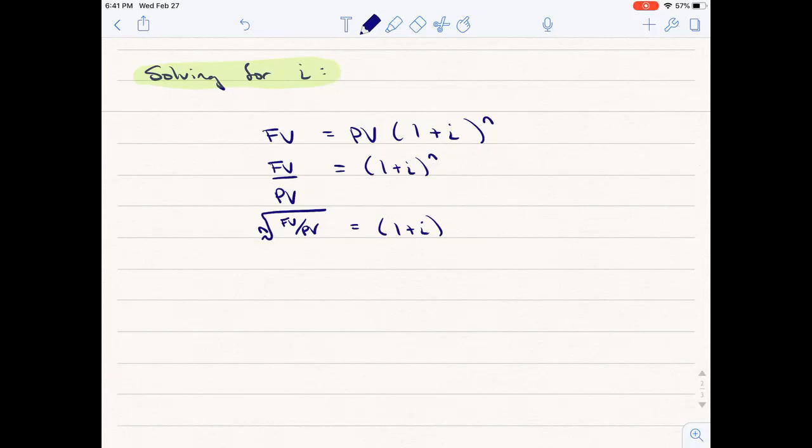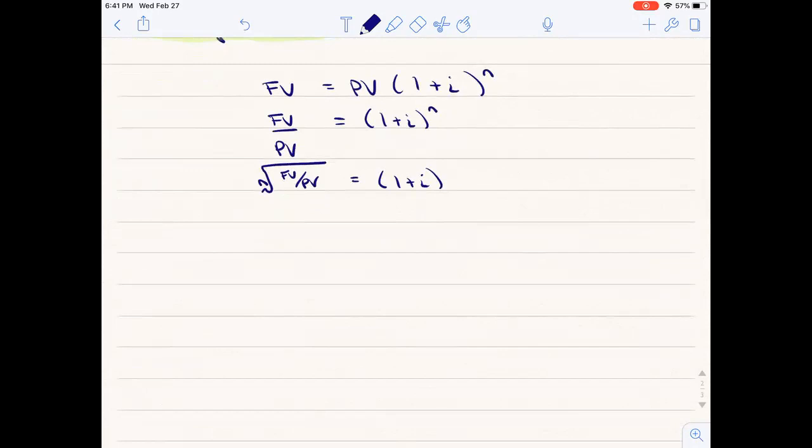Now, to get I on its own, all I have to do is subtract 1 from both sides. And with my little switcheroo, I like to put what I'm solving for on the left-hand side. So I is the nth root of the future value over the present value, all minus 1.